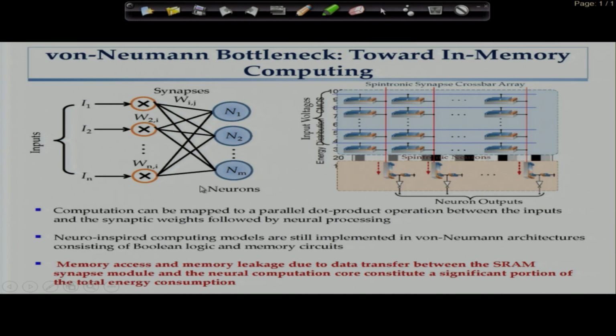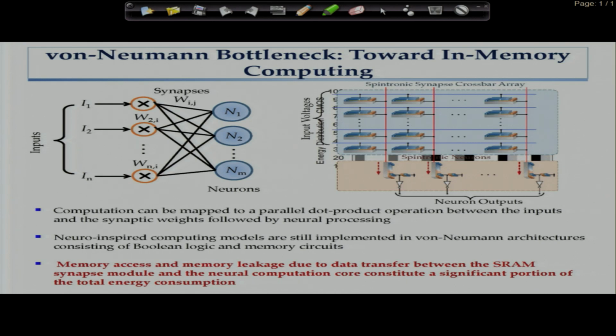So the computation can be mapped to a parallel dot product operation. This is the earlier von Neumann architecture used in computer architecture. The bottleneck leads to in-memory computing. Today, to support AI, people are providing in-memory computing.